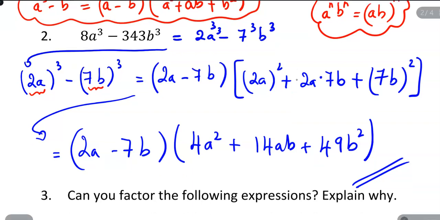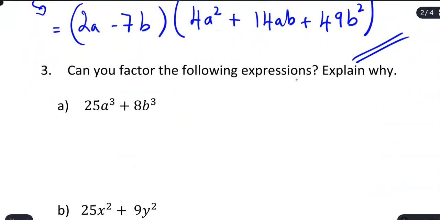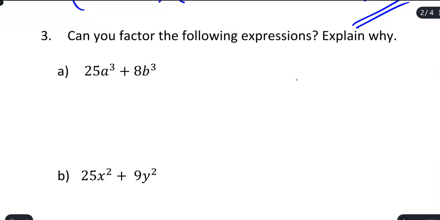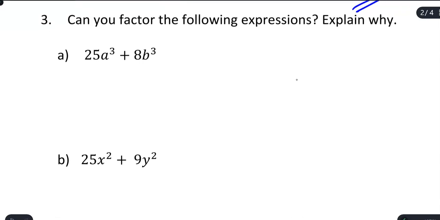All right, so let's go to question number 3. Can you factor the following expression? If not, then explain why. So I have 25a³ + 8b³. I have a cube here, this can be (2b)³.